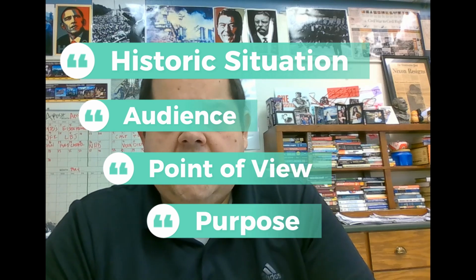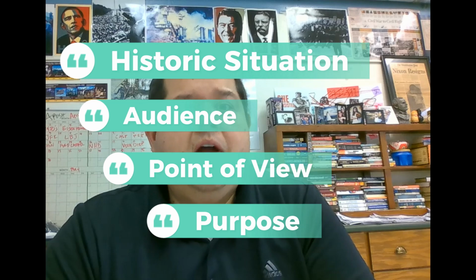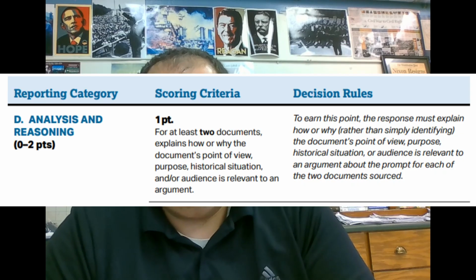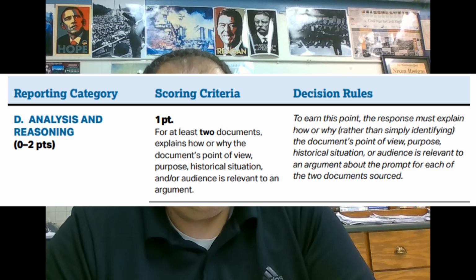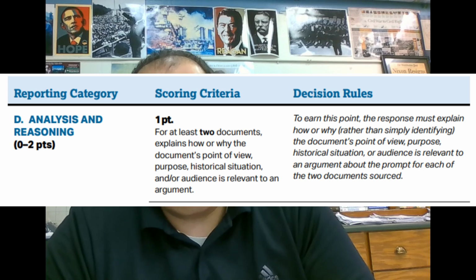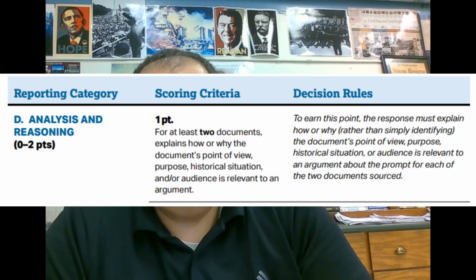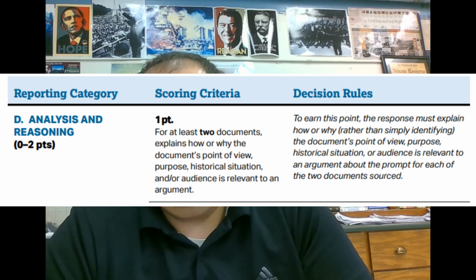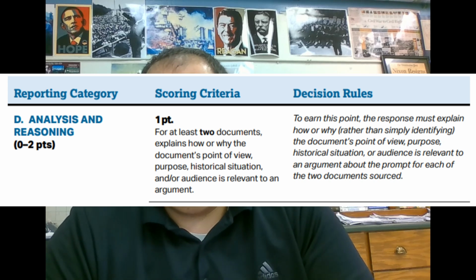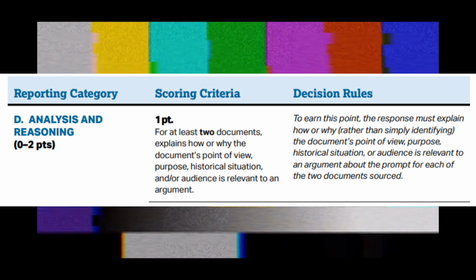You traditionally would have had to do that for at least 3 documents. Not anymore. Now, you can do the historic situation, intended audience, point of view, and purpose for 2 of the documents and still get that other point for analysis.